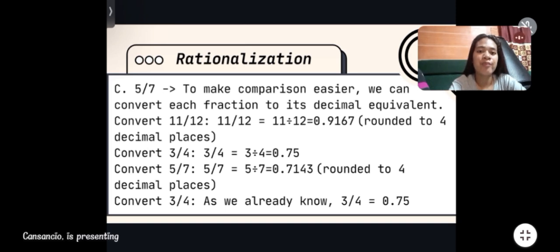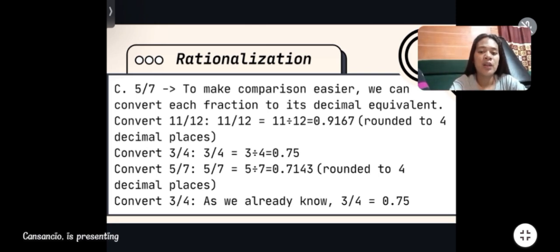Now convert 5 over 7. 5 divided by 7 is equal to 0.7143, rounded to 4 decimal places. Convert 6 over 8, which is equal to 0.75.